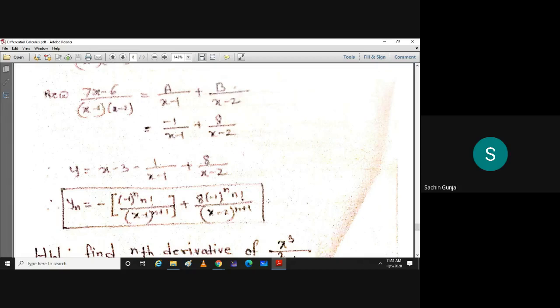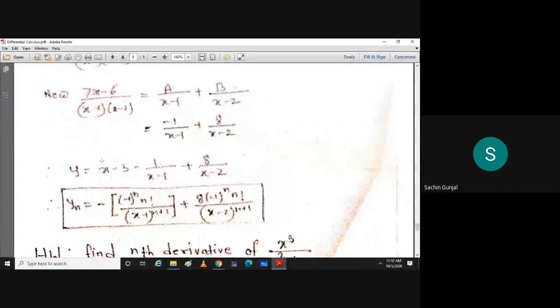There is one mistake here. Sir, for n is equal to 1, we'll have to add an extra plus 1. Yeah, very good. So this yn is true for n greater equal to 2, because she has not considered this x.